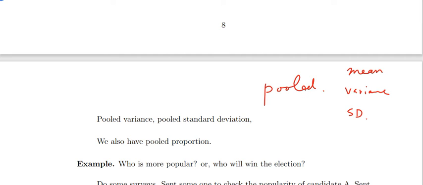And if we consider proportions, we also have the pooled proportion.